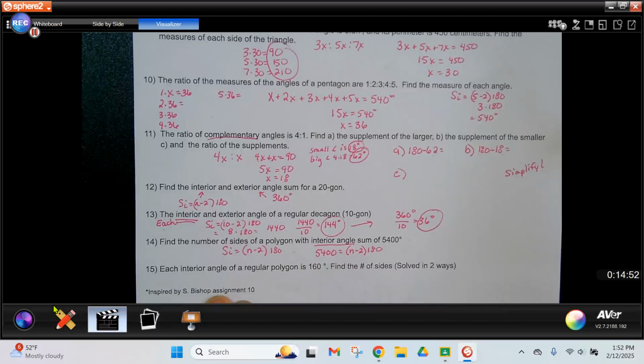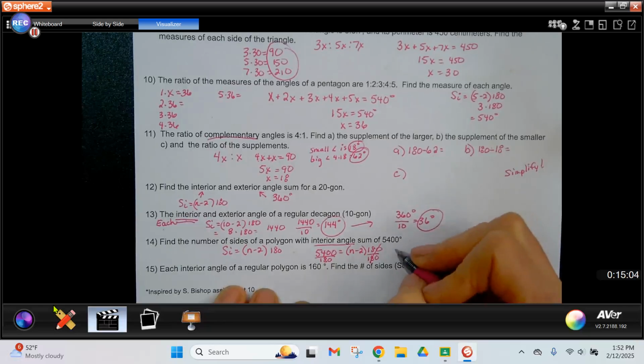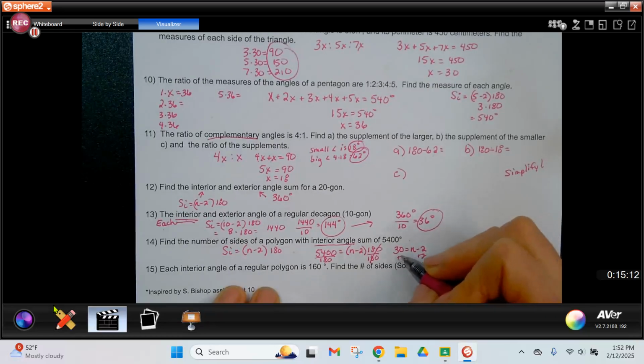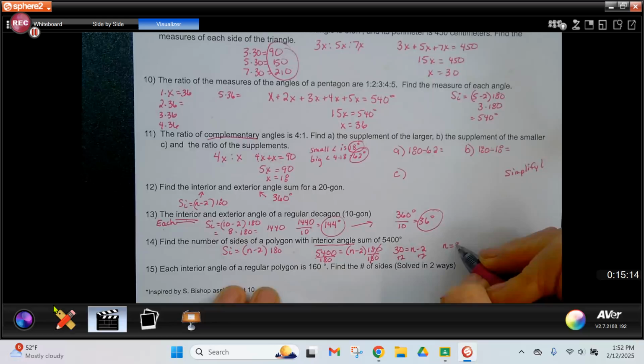Now, how many sides does it have? Well, divide both sides by 180. 5,400 divided by 180 equals 30. This is 30 equals n minus 2. And then to get n by itself, I just add 2, and I get n equals 32.